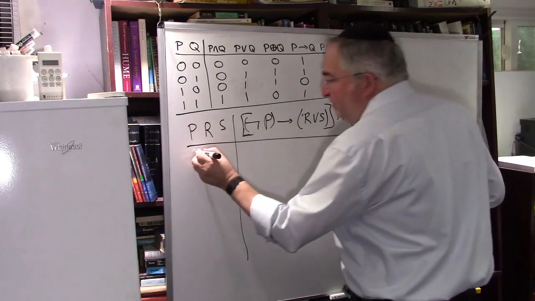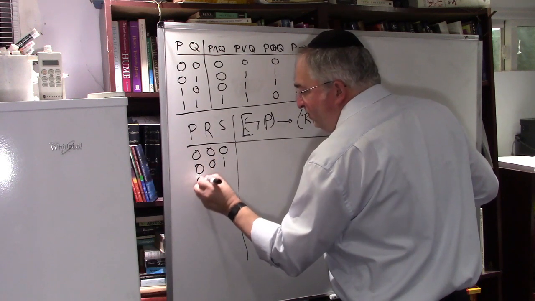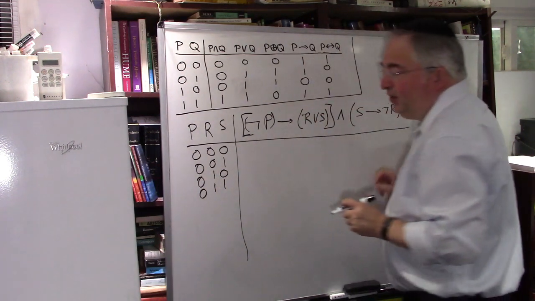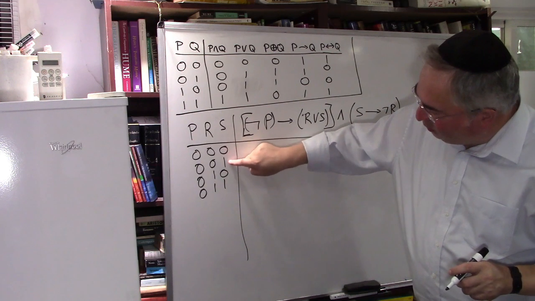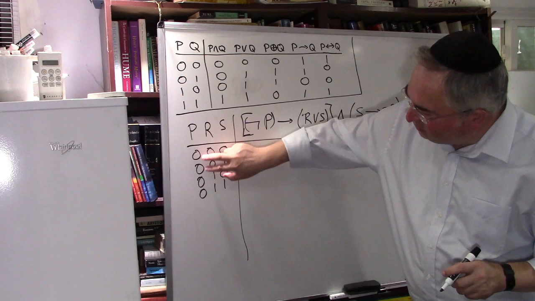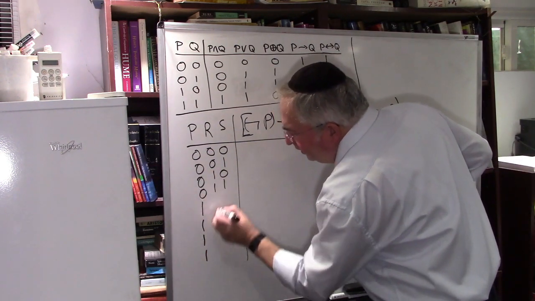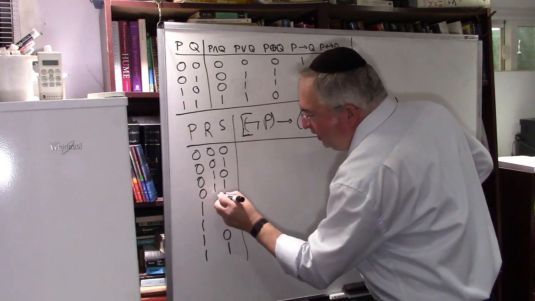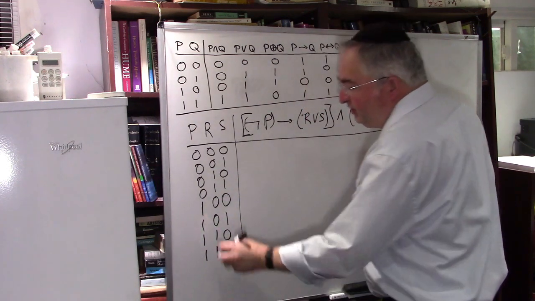You ready? 0, 0, 0, 0, 0, 1, 0, 1, 0, 0, 1, 1. The way to see it is, here you change every other one: 0, 1, 0, 1. Here you change every two: 0, 0, 1, 1. Here you're going to have 4 zeros and 4 ones. This gives me all 8.